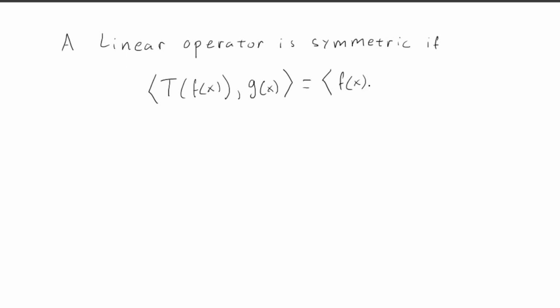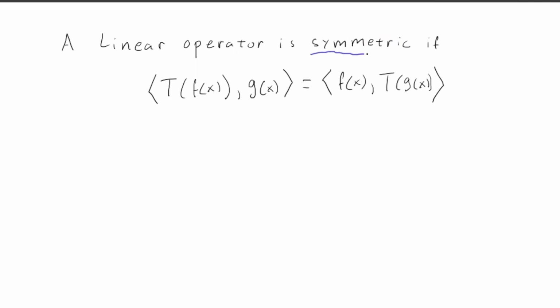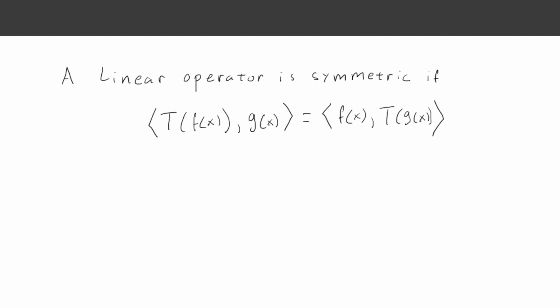It's f of x dot T of g of x. Right, so that's what it means to be symmetric. This should remind you of the equation that we had in the last video.